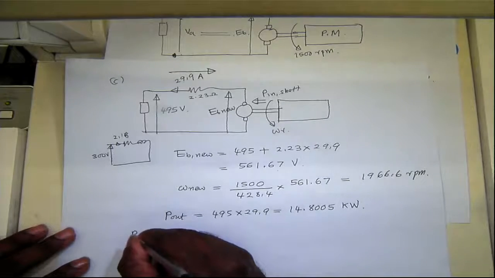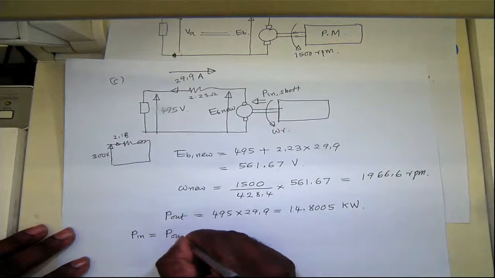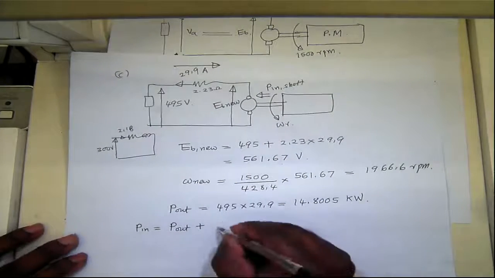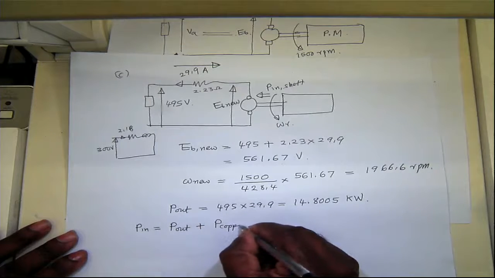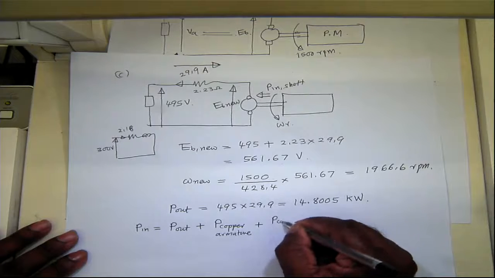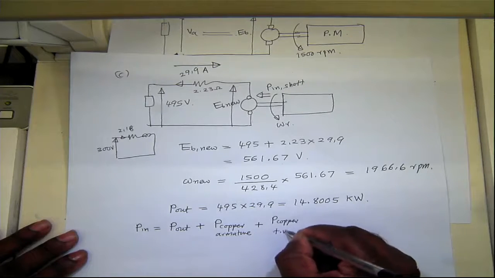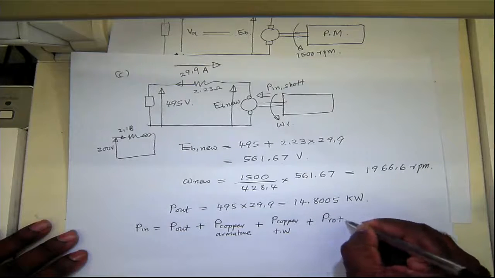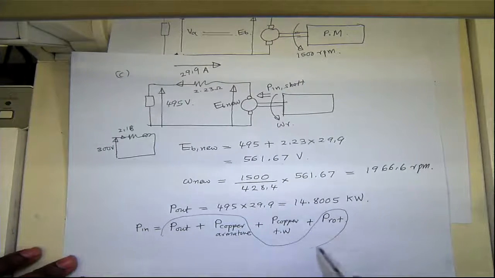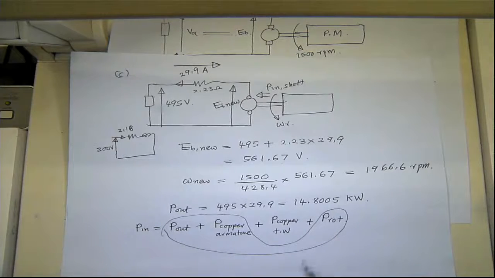The input power includes the output power plus the copper losses in the armature, plus the copper losses in the field winding, plus the rotational losses. This bit here is the total power input from the turbine, and this part is from the field winding. That's the total power input into the whole system.